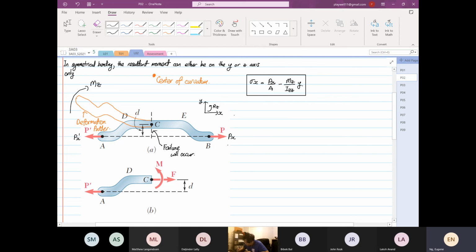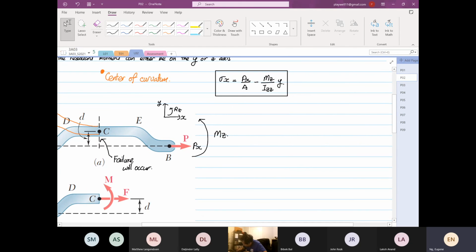On the other side, there's also a moment acting due to Mz. Now you ask me, Eugene, why is there an Mz? So before we go on, moment will be equal to force multiplied by perpendicular distance.